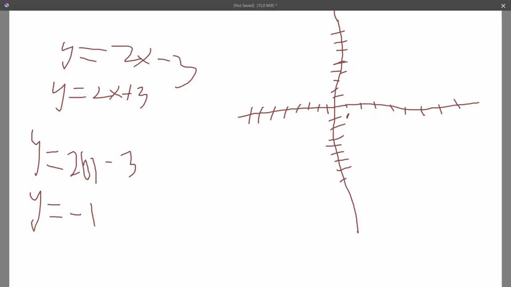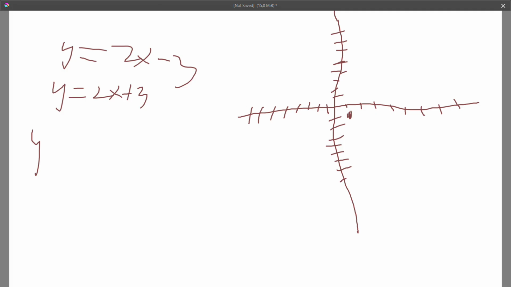Now let's do another point, because a slope has to consist of 2 points. So I'm going to delete this and let's check another point. Let's say when x is 2, what is y?